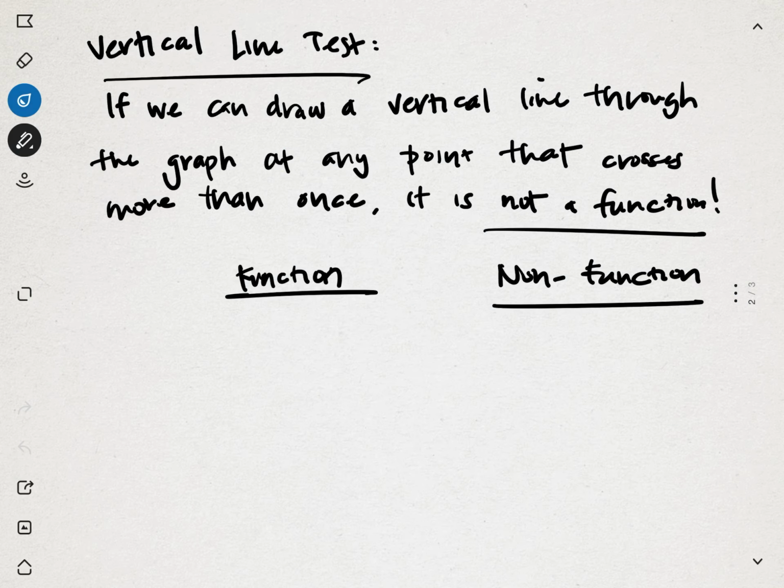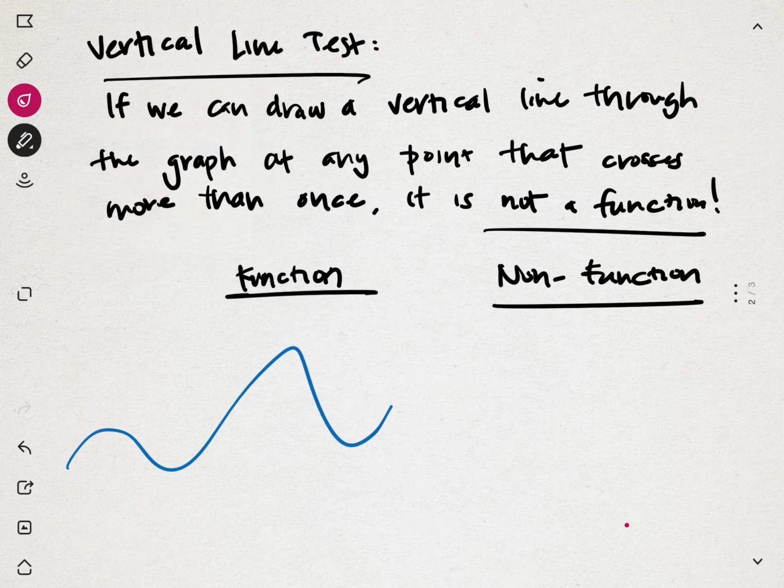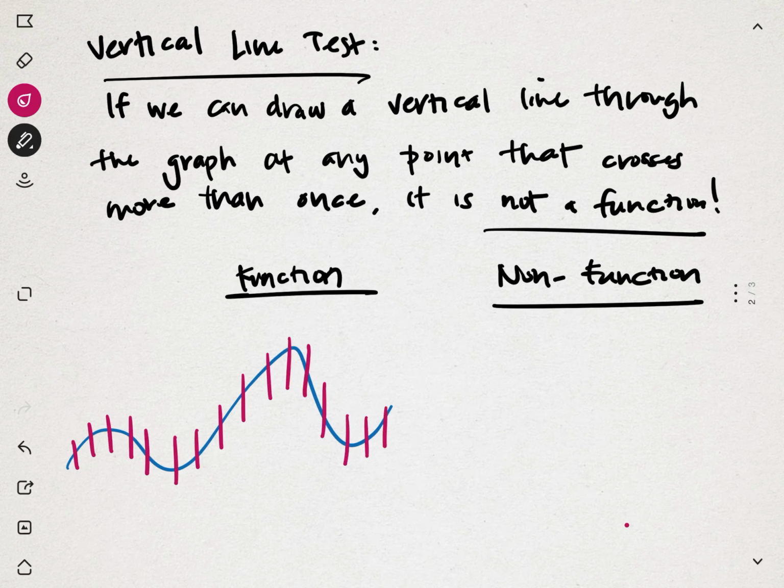Okay, the vertical line test is wordy, but once you understand it, it's really simple. It says if we can draw a vertical line through the graph at any point that crosses more than once, it's not a function. So a function could look super curvy. I should probably draw that a little nicer. Super curvy. But this passes the vertical line test because there's no point on this graph where I can draw a vertical line that passes through it more than once.